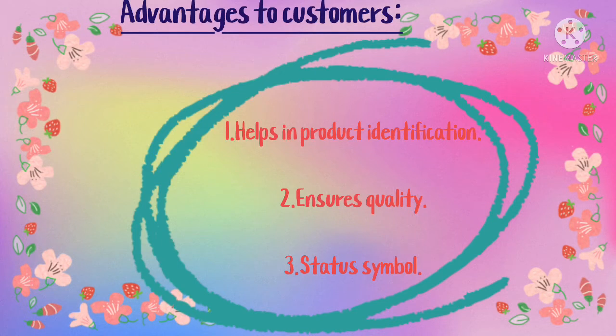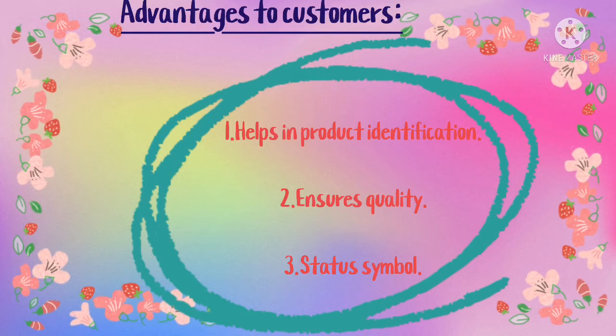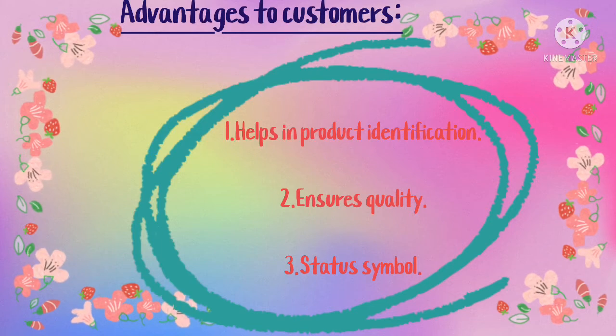Why? Because it has its name, fame, and in return they manufacture good quality products, which give assurance to the customers, which satisfies them, and they are ready to give any amount for such a product.